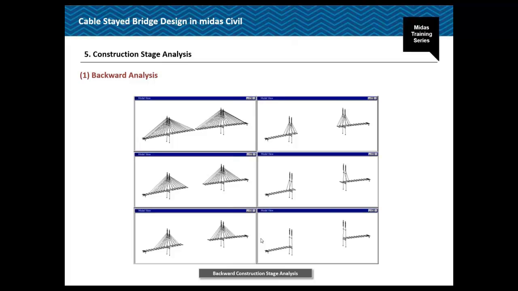However, the backward analysis cannot consider creep and shrinkage effect, which means we cannot consider this analysis type in the concrete stayed cable-stayed bridge. For the concrete girder, we need to go for the forward construction stage analysis, which requires many try and error.